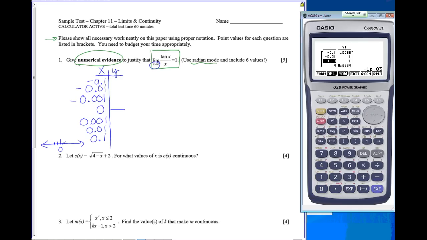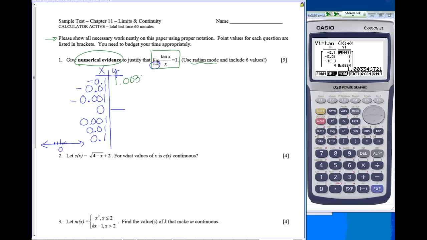Now I need to be careful because it looks like my y values are just 1 in the table, but if I arrow over to them, I can see I really do have more than just a plain 1. So I'm going to write down what I have here. I have 1.003346. I'm going to write down a few more decimals than I normally would because I don't want to lose any accuracy here. So this one has 4 zeros and then a couple 3s.